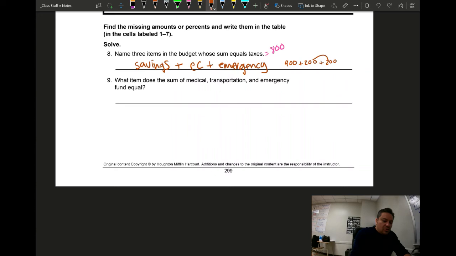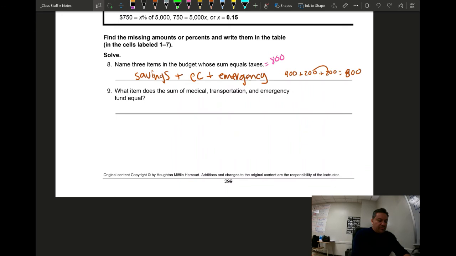That's that simple. And it says, what item does the sum of medical, transportation, and emergency fund equal? So I'm going to have to sum medical, transportation, and emergency and see what item it matches. So medical, I have 750. Transportation, 300.